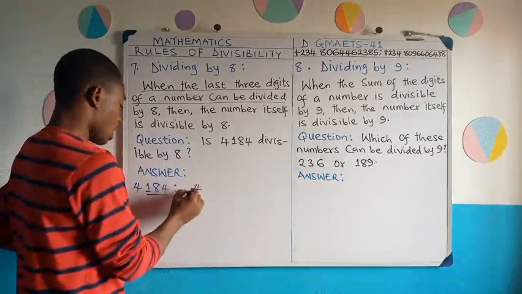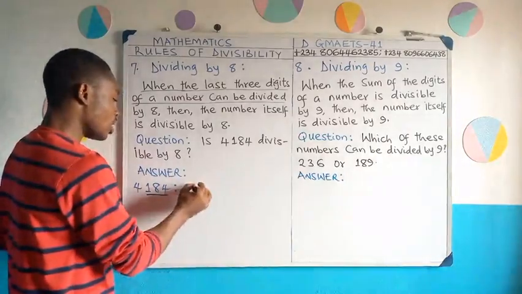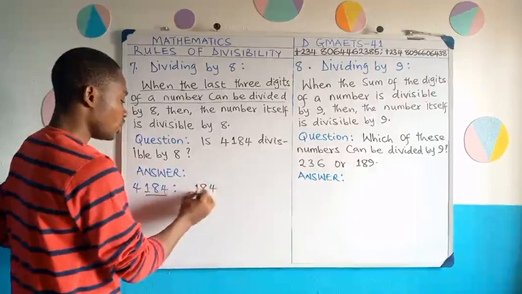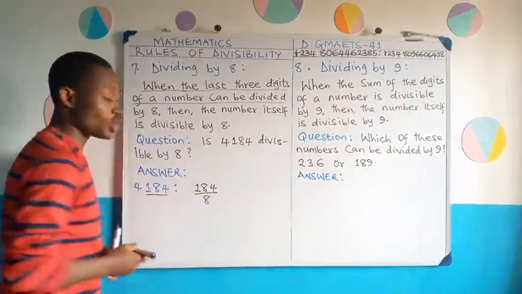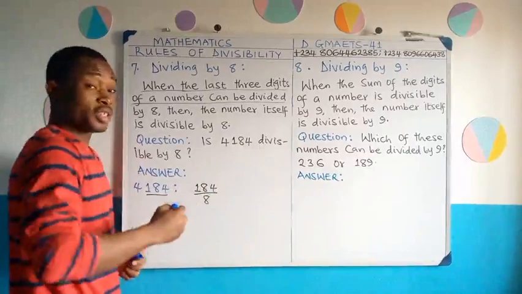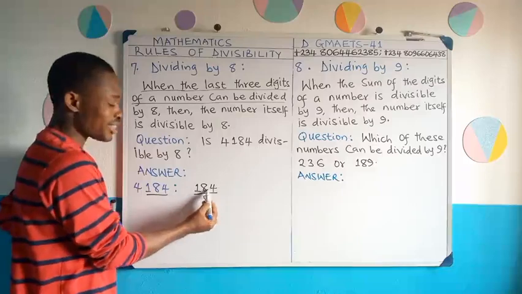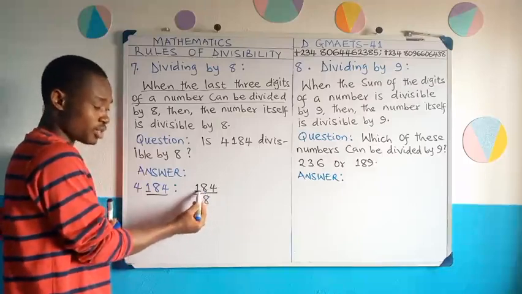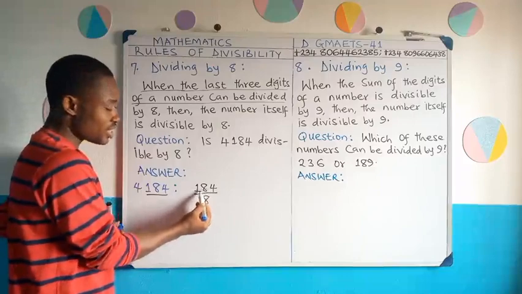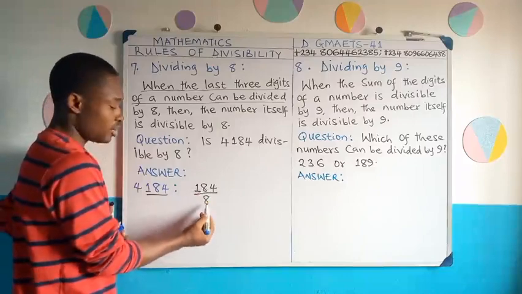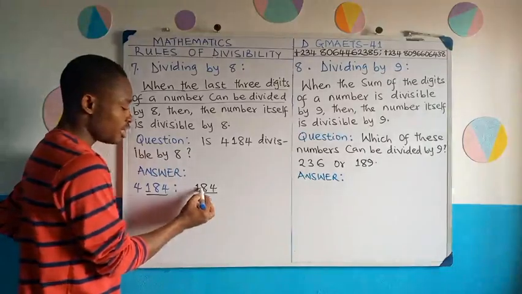So we go 184. Let's check if it can be divided by 8. So over 8. We'll start. 8 cannot divide this 1. So you will attach this second number to it, which is 8. If you attach this 8 to it, you get 18. So 8 goes into 18. Let me divide and see.